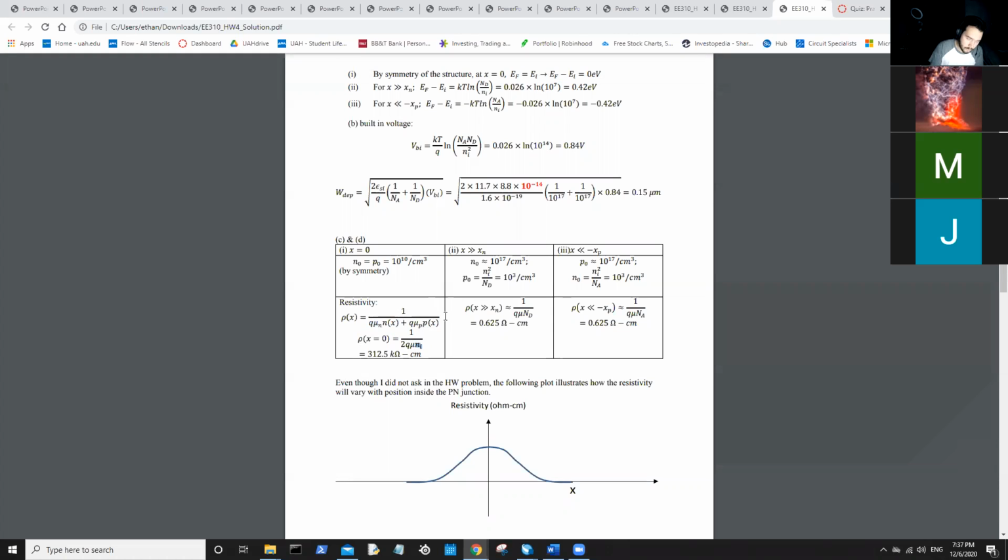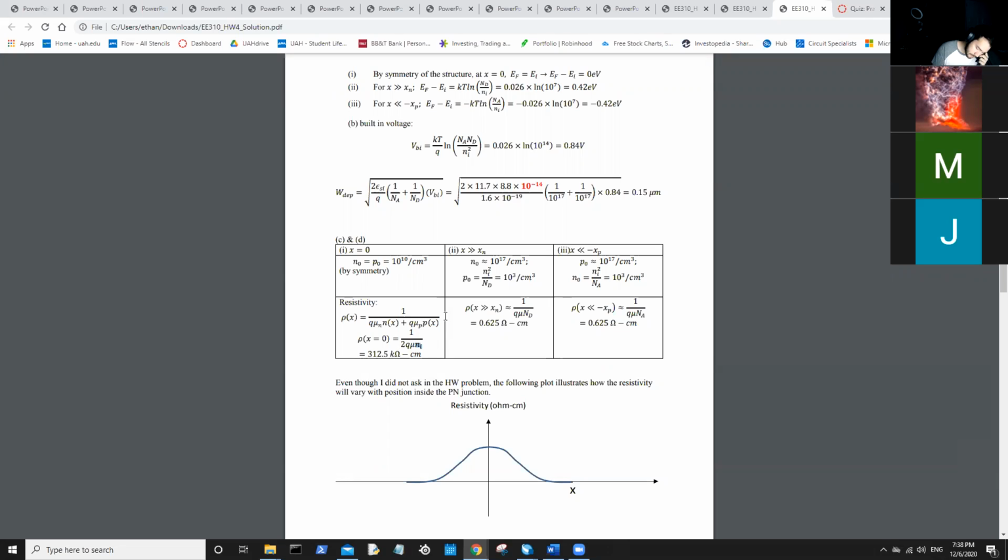So if you do 1 over 2 times 1.602 times 10 to the negative 19th power times 100, which is from mu, times 10 to the 10th power, you will get a very, very large number on the order of millions.